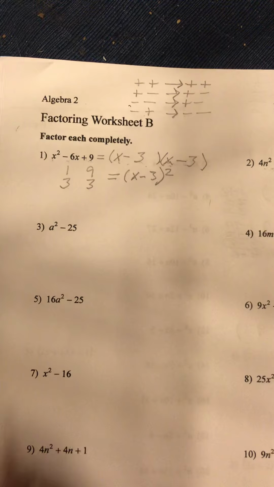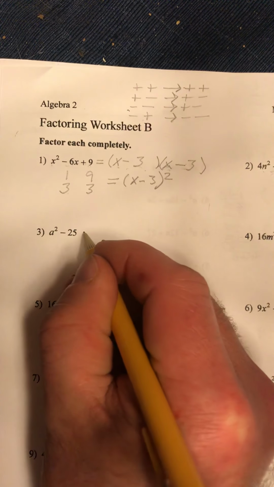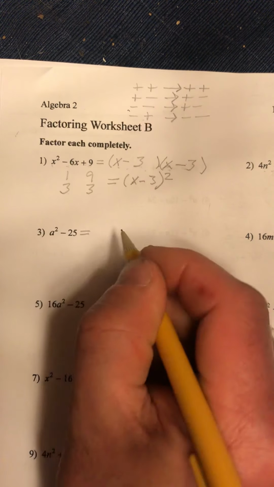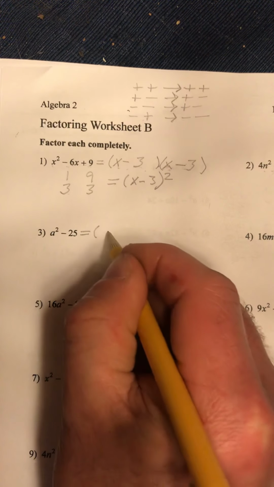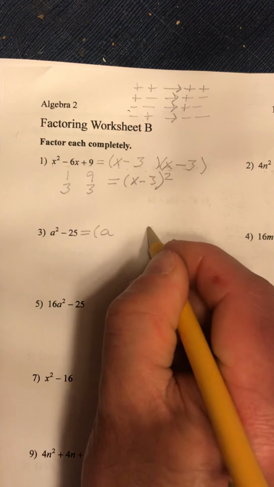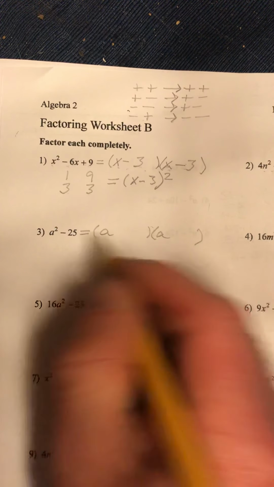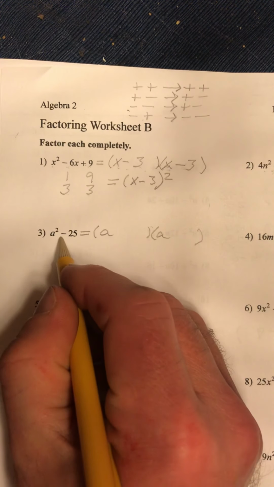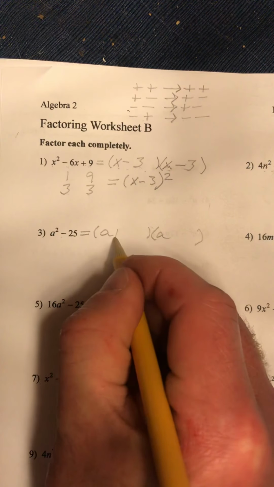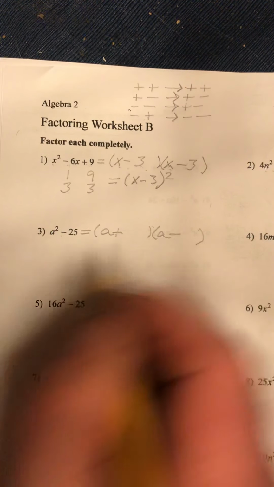Okay, let's look at number 3. Okay, this one's a squared minus 25. So again, I'm going to multiply a times a to get a squared. They multiplied two numbers to get a negative, so it was a positive times a negative.